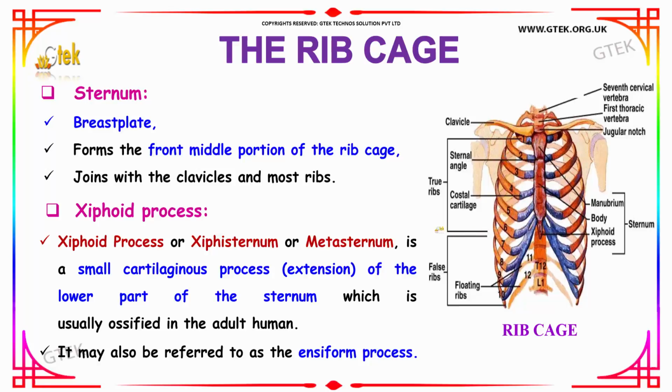The xiphoid process, or metasternum, is a small cartilaginous process, that is an extension of the lower part of the sternum, which is usually ossified in adult humans, and it is also referred to as ensiform process.